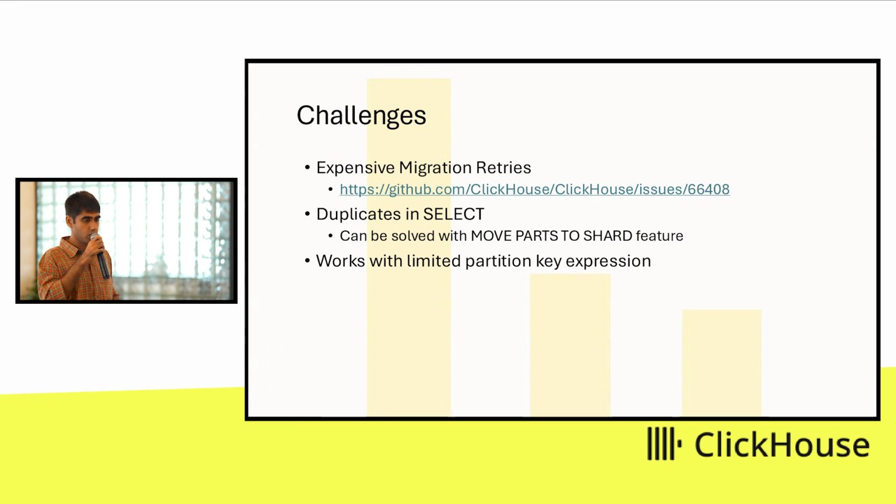The second was you could end up with duplicates in your select query. And that could be solved with the move parts to shard feature, which we talked about earlier. The last challenge was that our solution works with limited partition key expressions. To compensate for this, we plan to make our code extensible by giving users the ability to write their own comparators for their custom partition key.